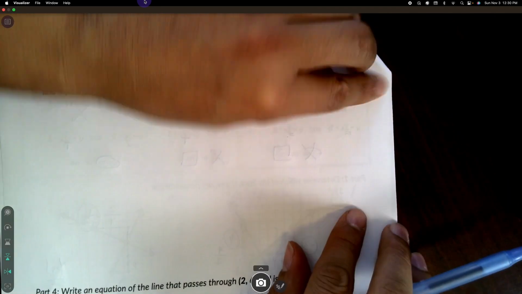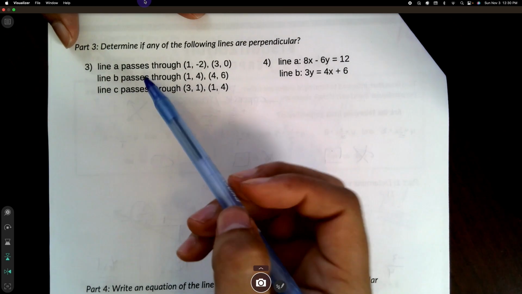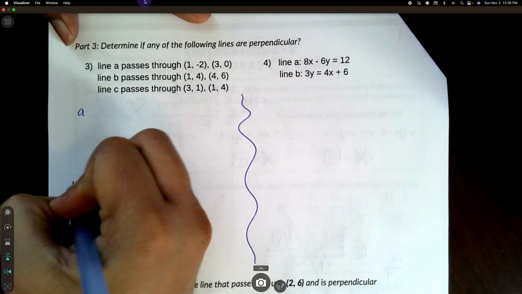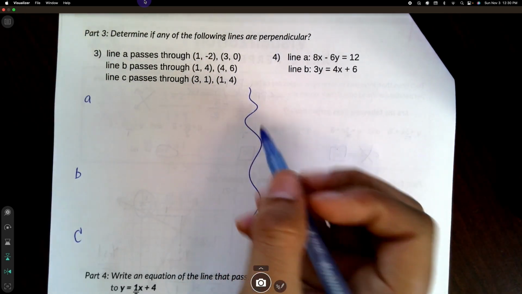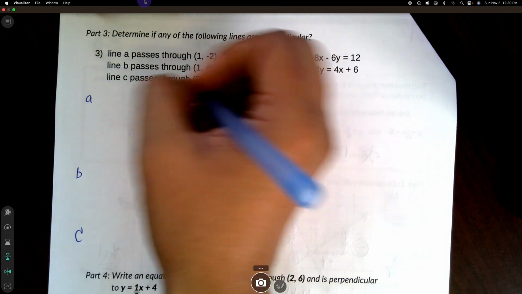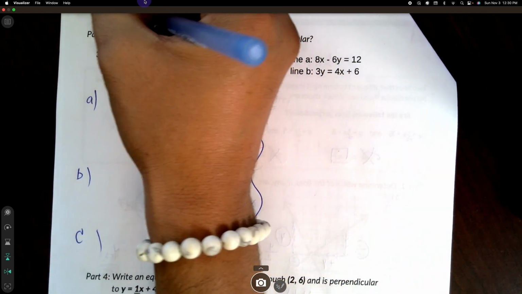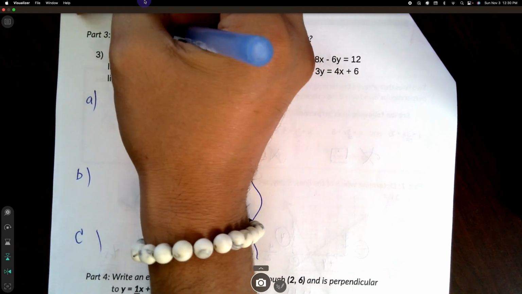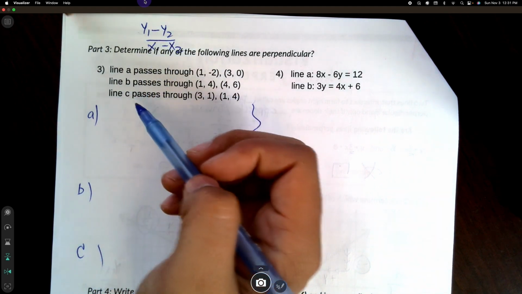Okay, so some similar problems. We want to determine if any of these lines are perpendicular. And we already know what to do, right? I'm going to use the same formula we did last time. So it's y1 minus y2 over x1 minus x2, which just really means we subtract the y's and we subtract the x's.